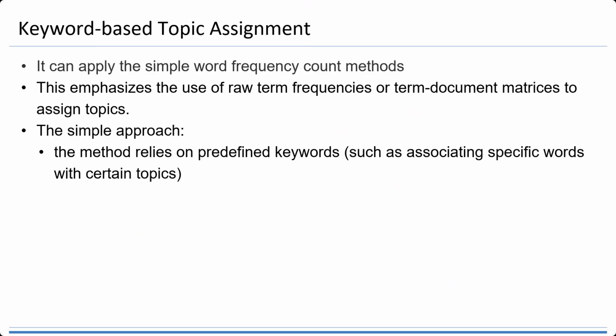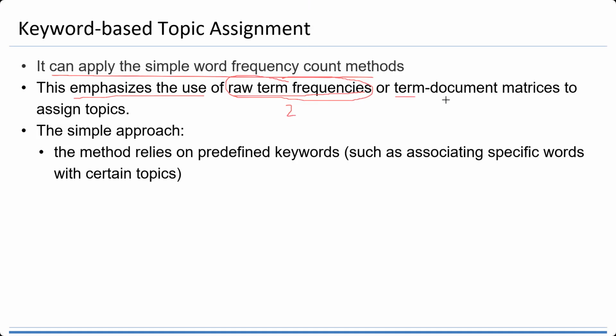If we want to assign the topic based on the keyword, we can apply simple word frequency count methods. So this emphasizes the use of the raw term frequency. Raw term frequency means we just calculate how many. Let's say if there are two, then we just point out there are two words.